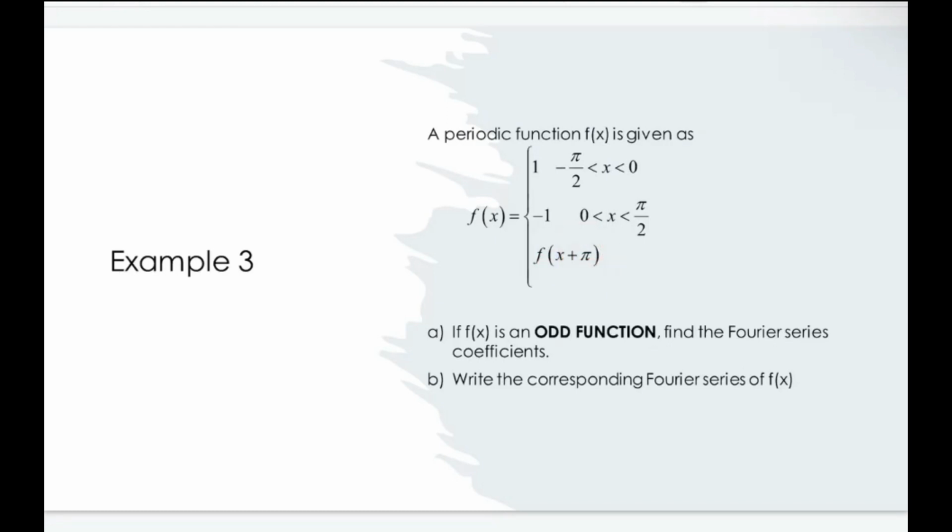That means after pi, the function will repeat itself. So the question is, if f(x) is an odd function, find the Fourier series coefficient. For an odd function, what you need to do is just find b_n and write the corresponding Fourier series. So we are going to copy this one first.